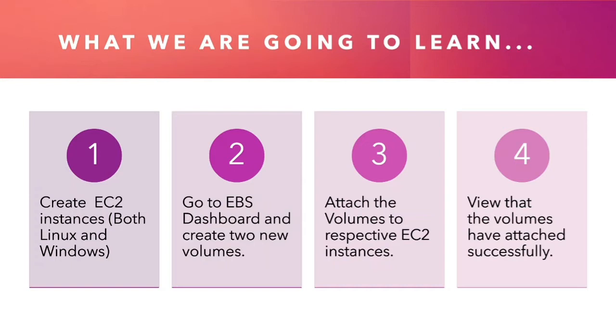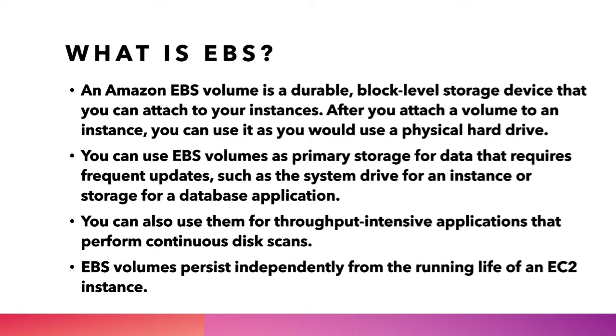Right? So before starting this hands-on, let us first have an overview of what we really understand by an elastic block storage. Now, an Amazon EBS volume is nothing but a durable block level storage device that we can attach to our instances. After we attach a volume to an instance, we can use it as we would use any physical drive.